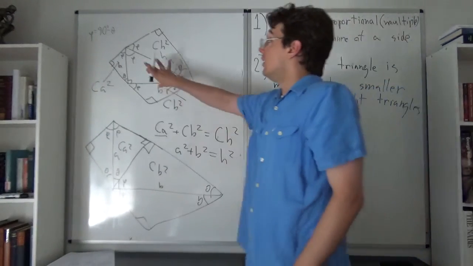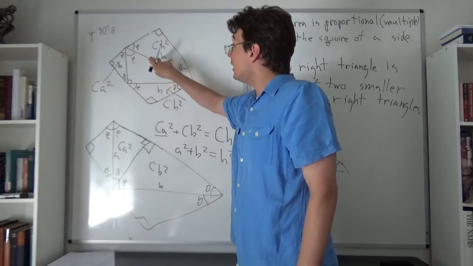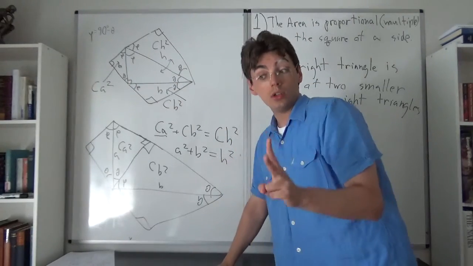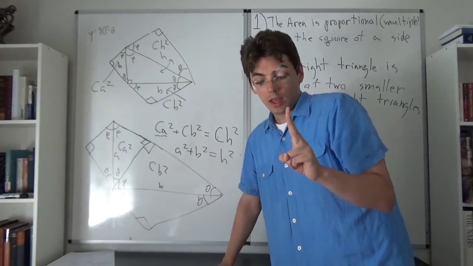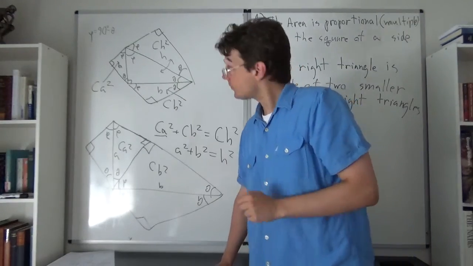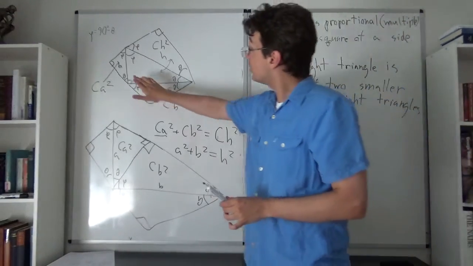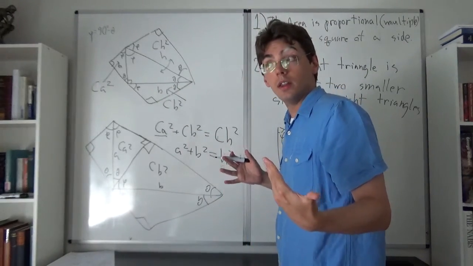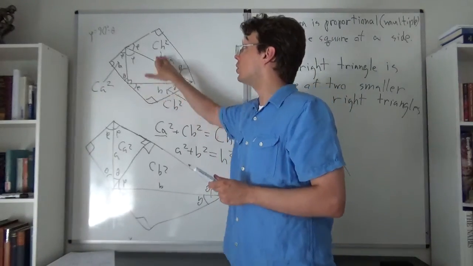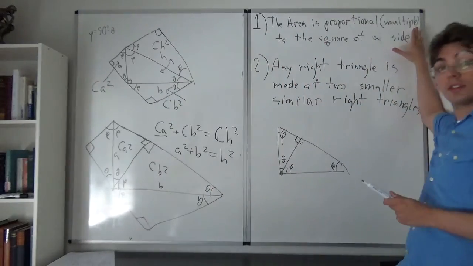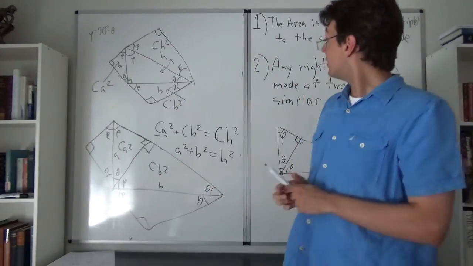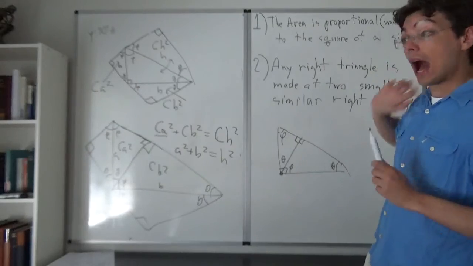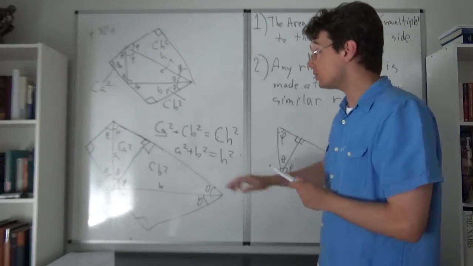Because these three, A, B, and H, are related to a two-dimensional object and its area, presumably. So if they're related through the area, then that means they're related through their squares, through this first insight. And how are they related specifically through their squares?